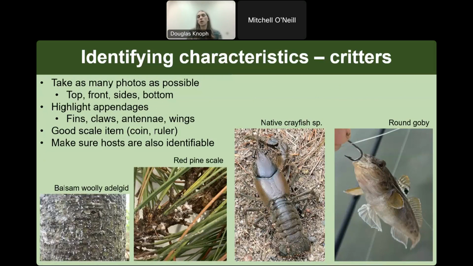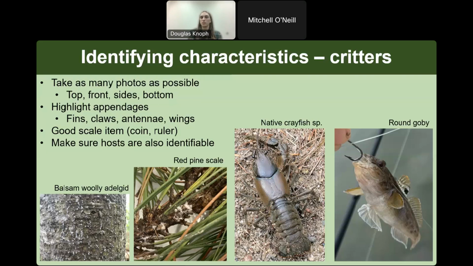So if you're looking at a crayfish, looking at its claws, its legs, the way its shell comes together. For insects, looking at the wings or the antenna. Scale is very important for these things as well. A lot of times they can look very similar to other similar species, and size again is a good indicator.